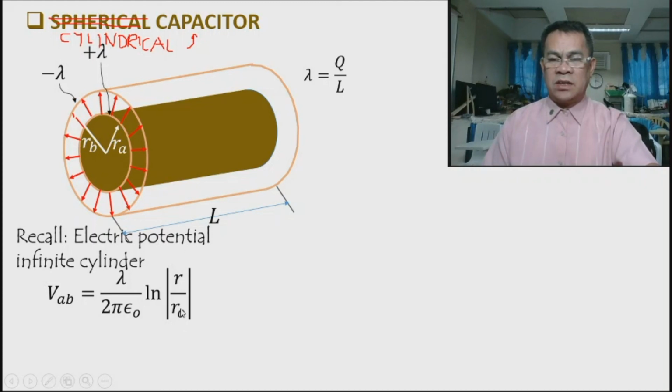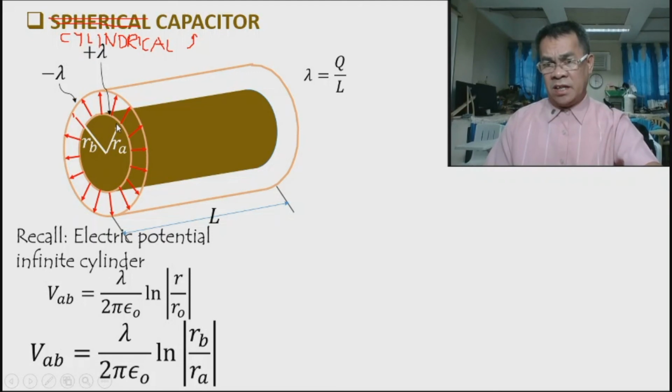Take note that this is where the potential is zero, and remember that the potential at the surface of the cylinder is zero. But this R naught now becomes R in our case. So this is RA, which is the radius of the inner part, and RB is the radius of your outer cylinder. So therefore, this is the potential difference for the cylindrical capacitor.